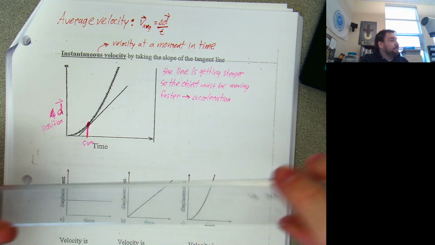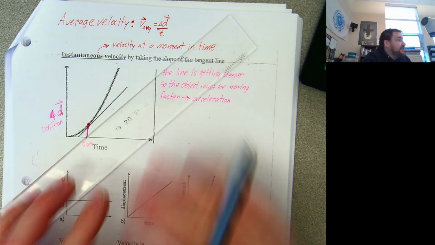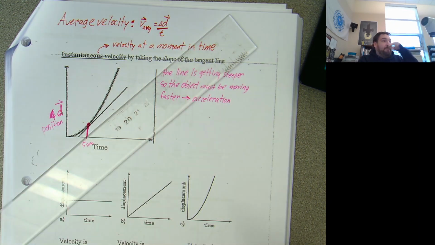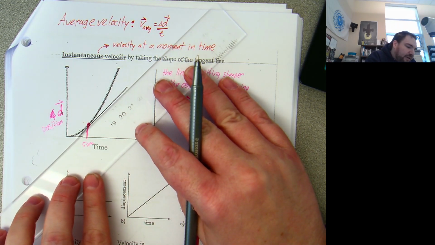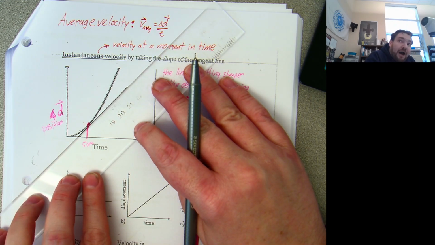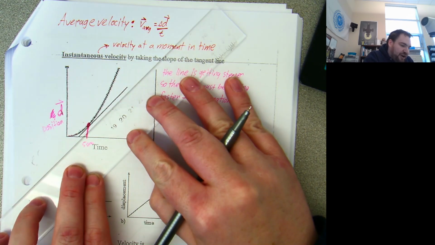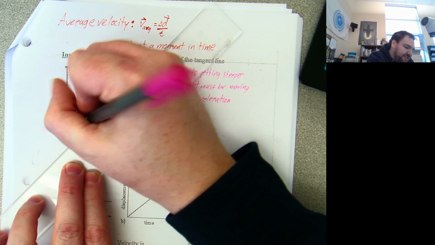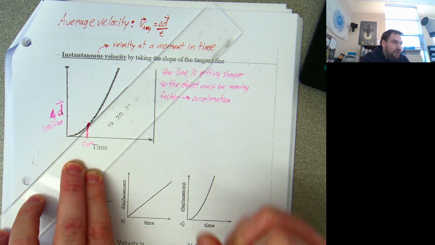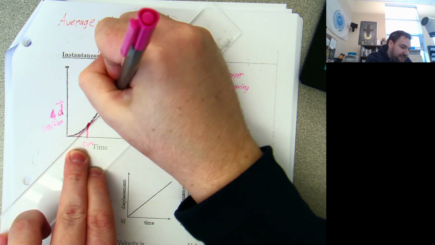What we want to do is we take a ruler, and this is going to take some practice. We're going to spend a lab practicing this. We're going to figure out how we can best approximate that curved line by drawing a straight line that just touches the curved line at a single point. We draw this guy here.